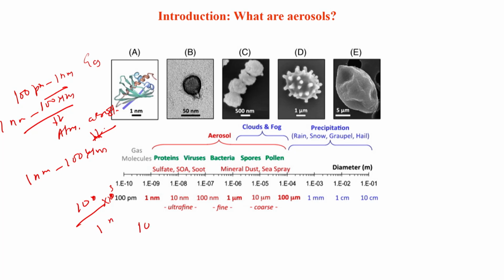So we are talking about an order of magnitude of 10 to the power 5. The size of atmospheric aerosols varies from 1 to 10 to the power 5. So this is a very huge range of size distribution that we are considering, a factor of 10 to the power 5, which is varying. That becomes a very huge system here.